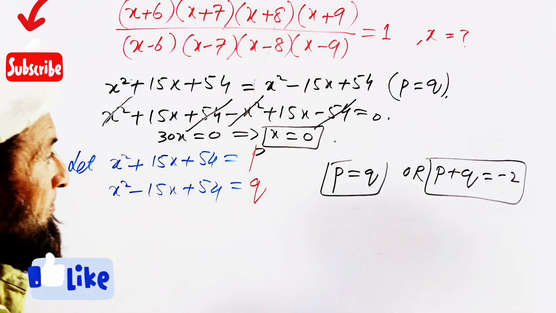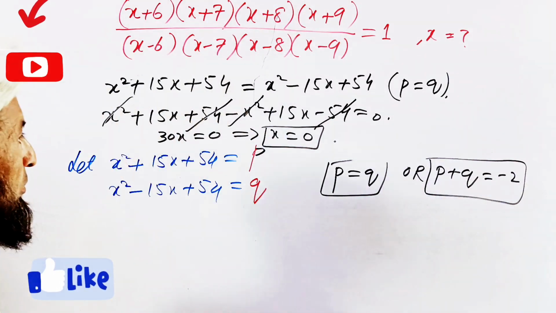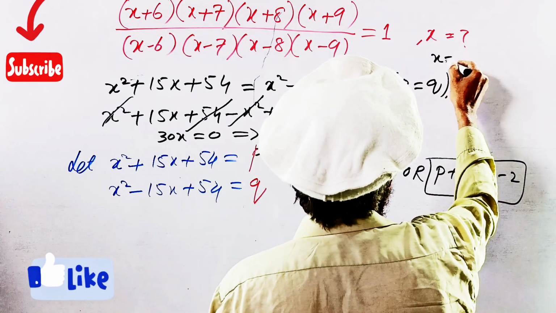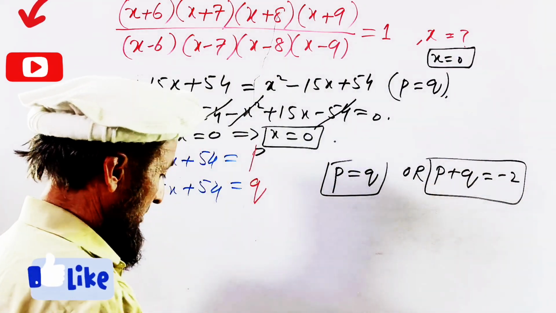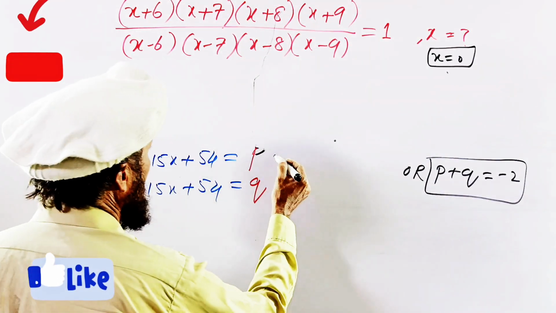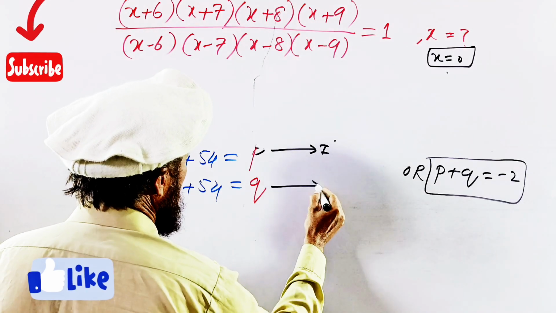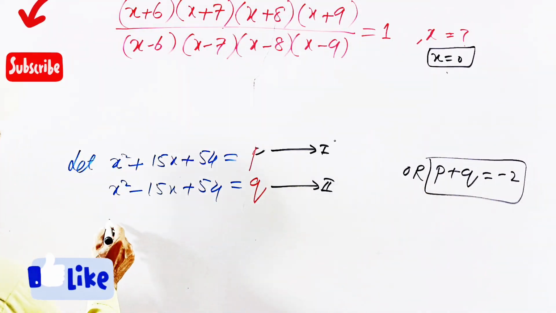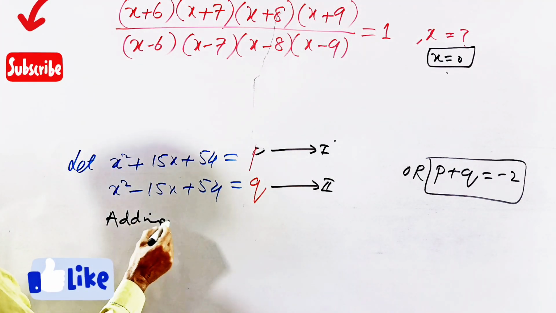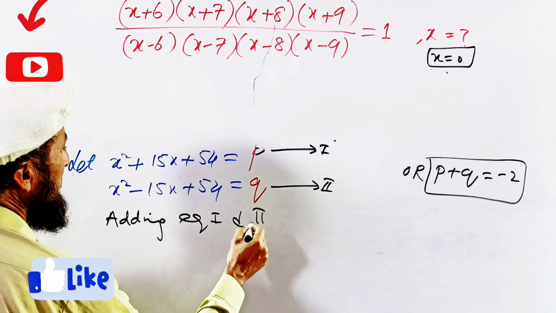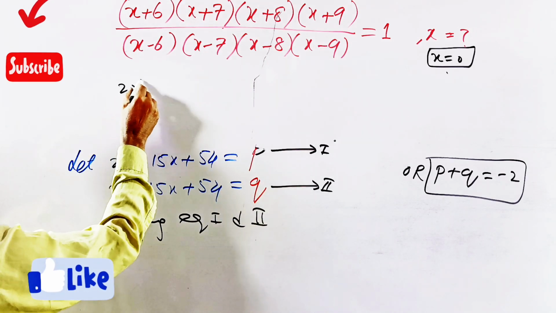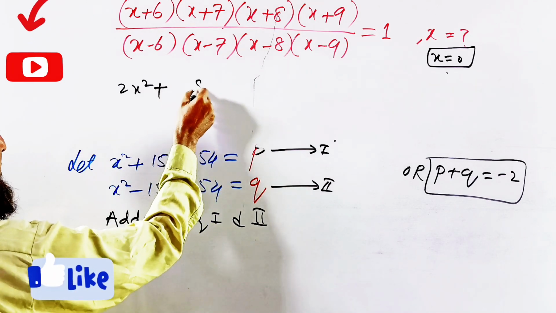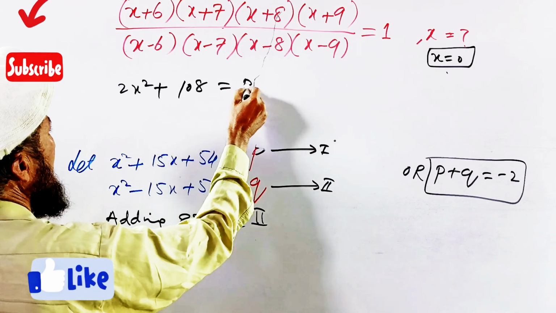Now when p plus q is equal to minus 2, so what will happen? One of the roots we get is x is equal to 0. We give the name equation number first and this is equation number second. If we add, because here p plus q is required, adding equation first and second, we get 2x square, and the other terms cancel each other, and we also get 108 is equal to p plus q.